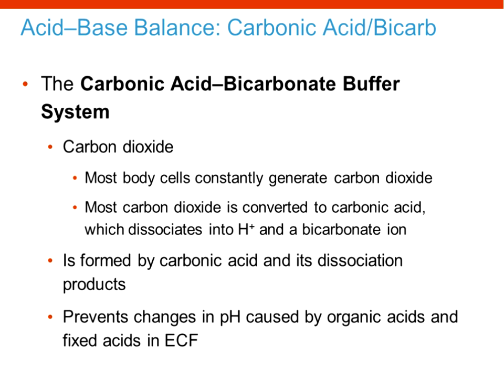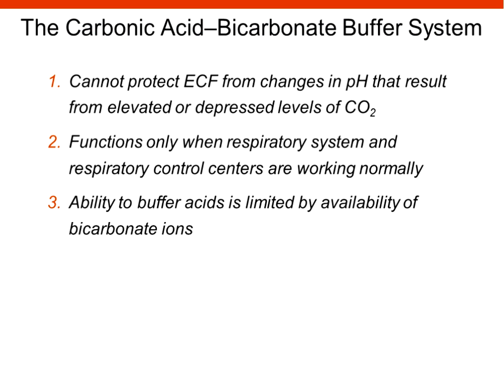Now, the third system is specific to the extracellular fluid, to plasma levels, and again, it goes back to carbonic acid, bicarbonate levels, hydrogen levels, and which side of the equation? The carbon dioxide dissolved in water forms carbonic acid, which dissociates into hydrogen and bicarb, or there's more hydrogen and bicarb, so it forms carbonic acid, which can dissociate into carbon dioxide and water.